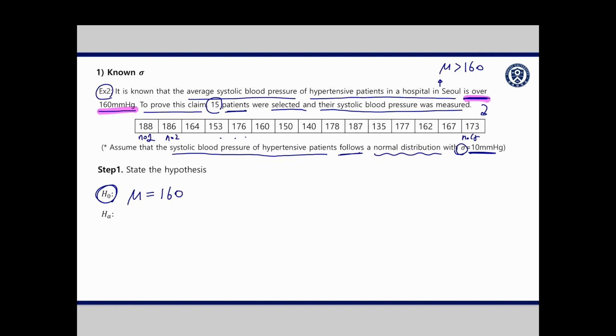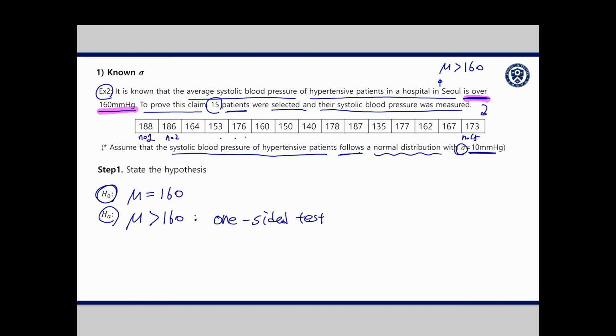While the alternative hypothesis is that the blood pressure mean is above 160. In other words, this is a one-sided test.